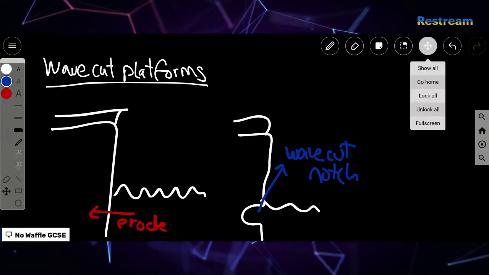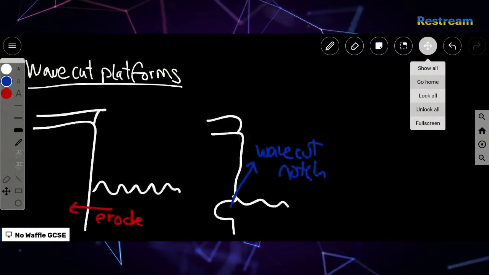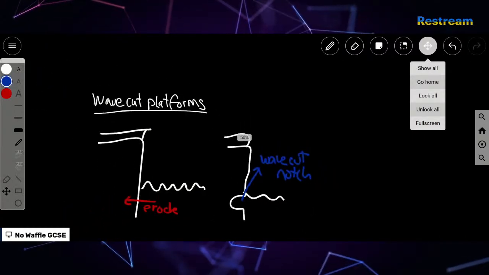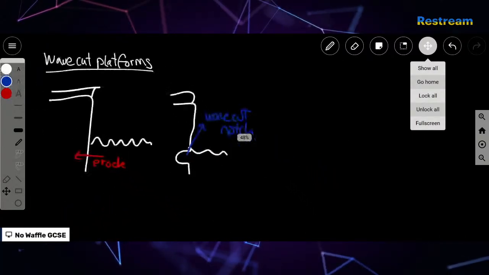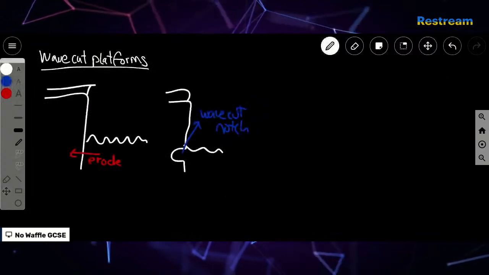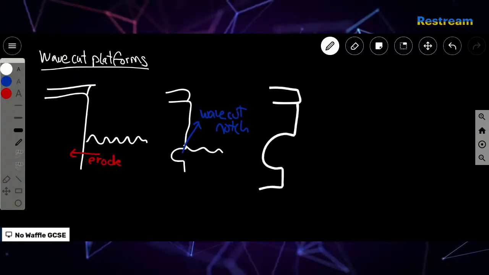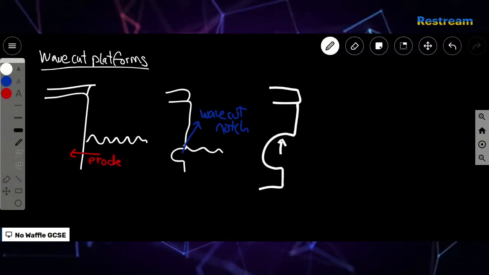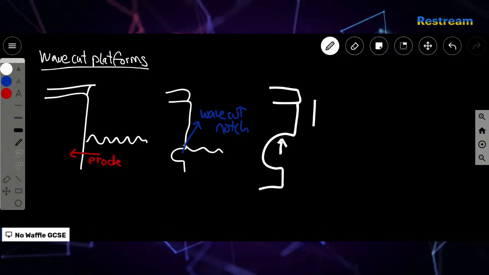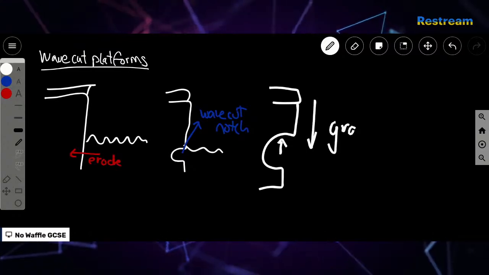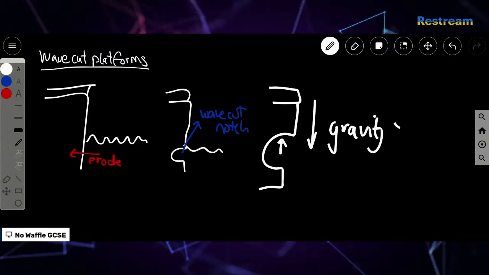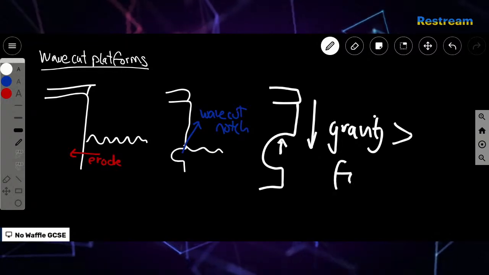Now this wave cut notch can then enlarge into something more as the erosion continues, as the wave cut notch only gets bigger and bigger until this rock here then gets so heavy that the gravity actually outweighs the forces holding it up.